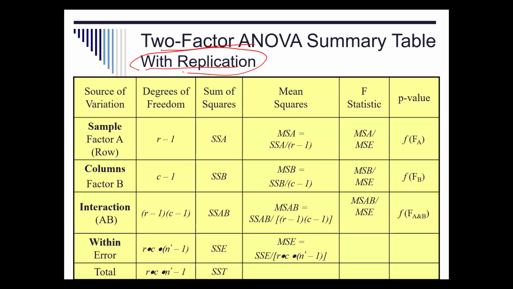So the degrees of freedom for factor A would be the number of rows minus 1.